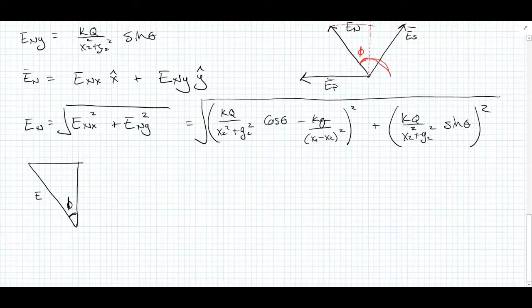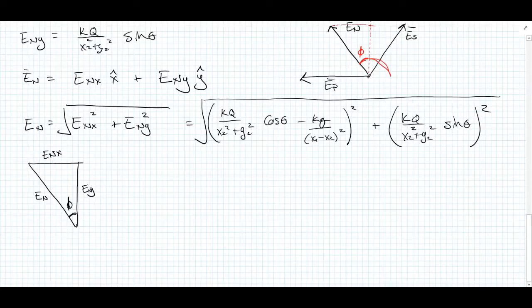The hypotenuse of that triangle is the magnitude of the field. The adjacent side, the side next to this angle, is the y component of the net field, and the opposite side is the x component of the net field.